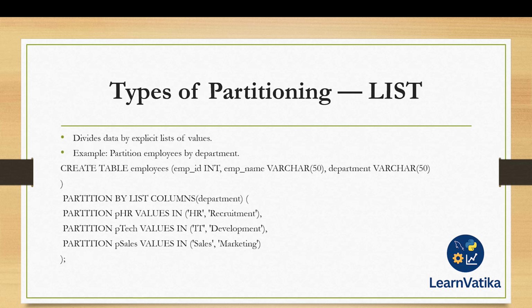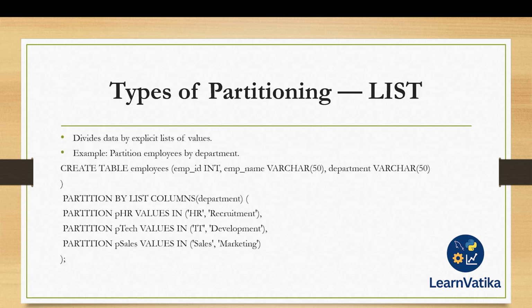Then we will see list partitioning. List partitioning divides data into partitions based on an explicit list of values. We need to give the list of values, and based on that, we will partition.